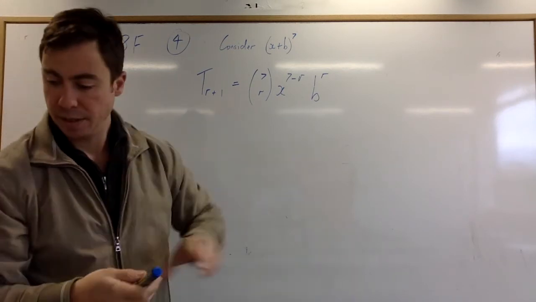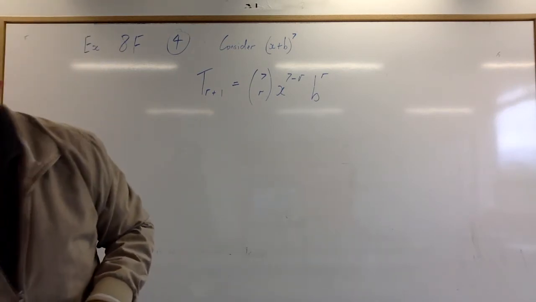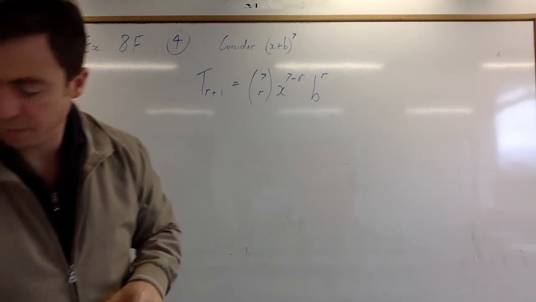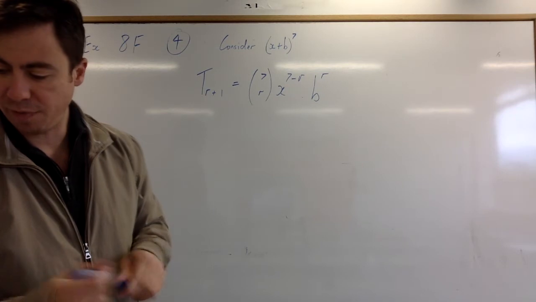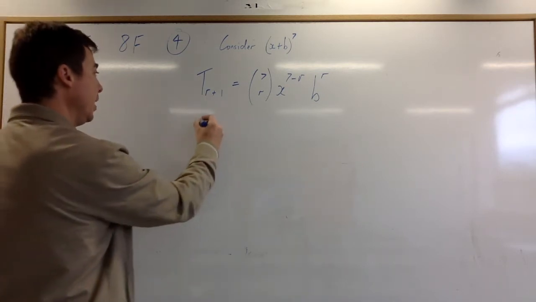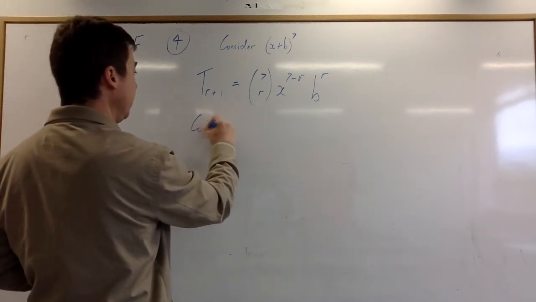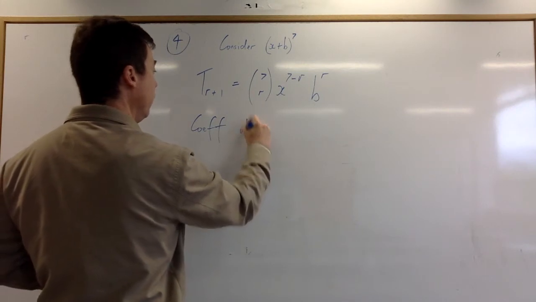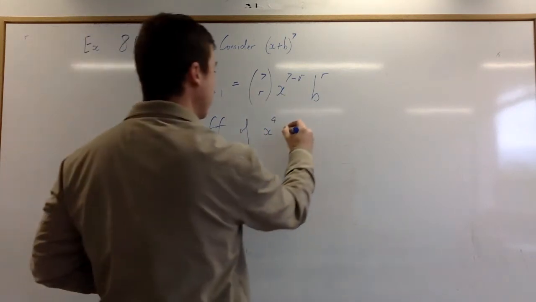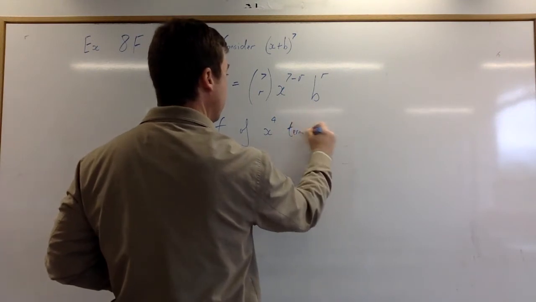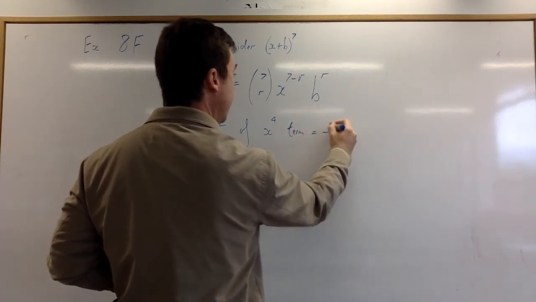Then part B of the question says find b given that the coefficient of x to the 4 is minus 280. So they're telling me the coefficient of the x to the power of 4 term is minus 280.